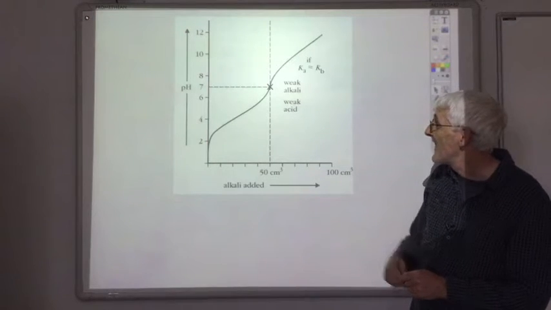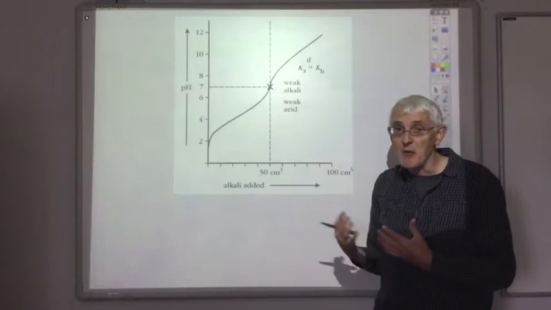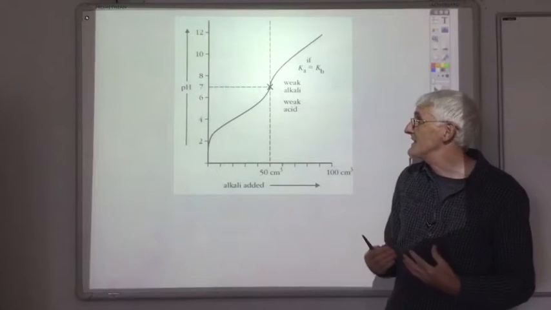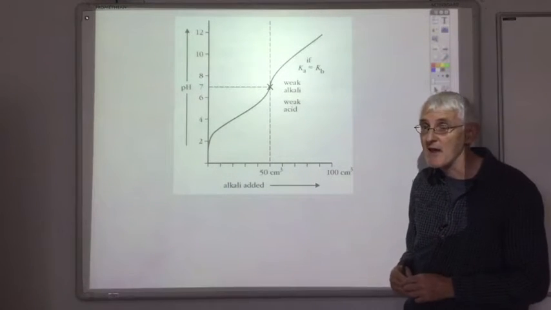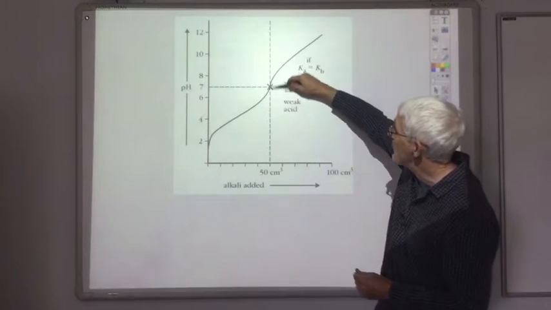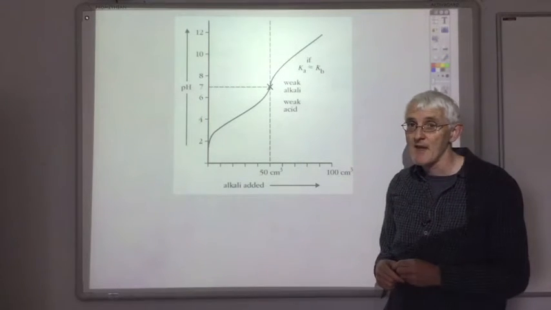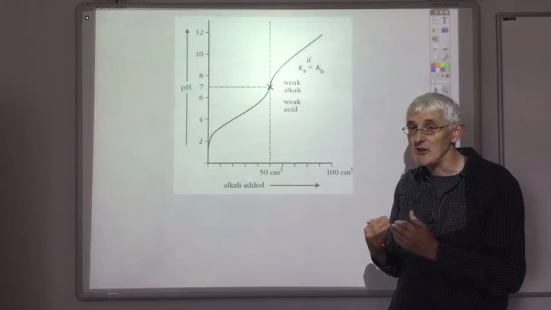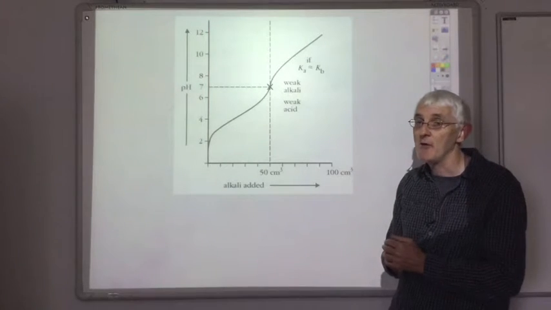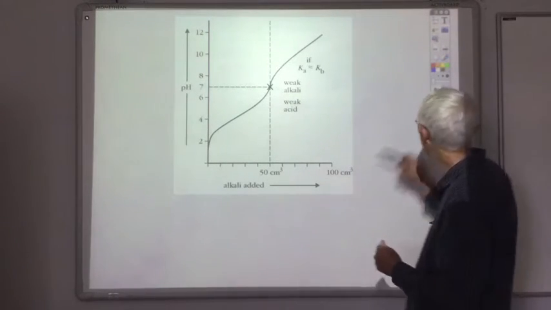So in fact, there's no indicator that would be useful for titrating a weak acid with a weak alkali, because the pH does not change rapidly at the end point. Now we need the pH to change by at least 2 units in order for our indicator to work correctly.